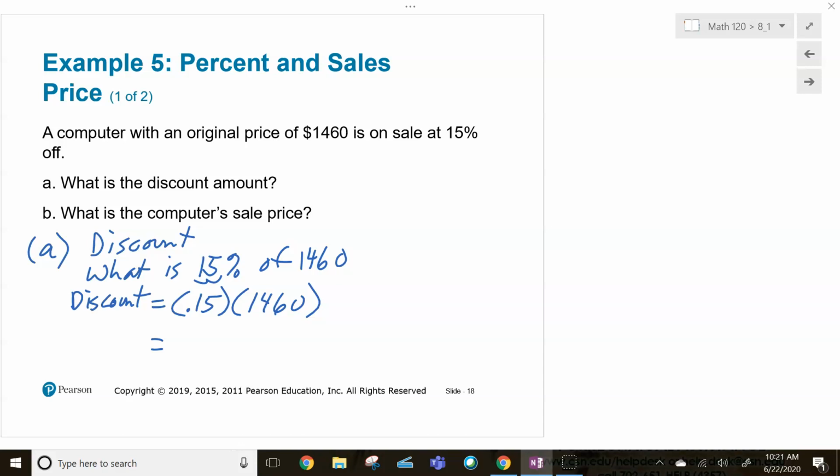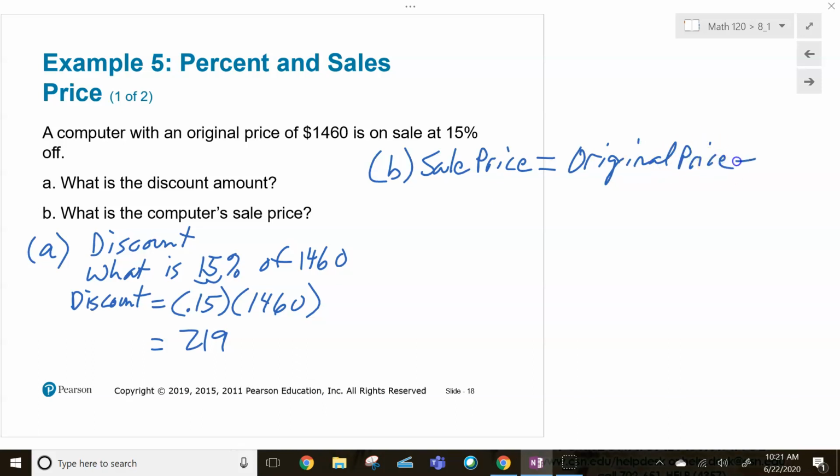I got 219. That's our discount. So we're going to save $219. So the sale price, the total price you pay, is the original price minus the discount.